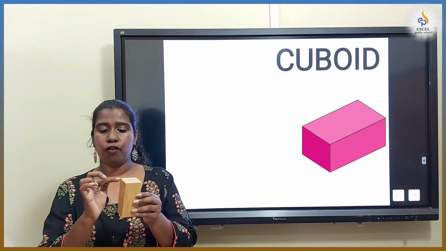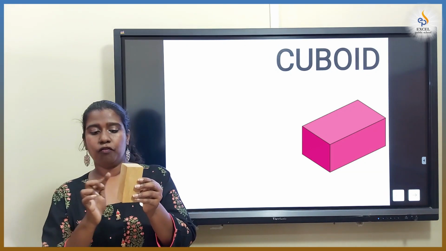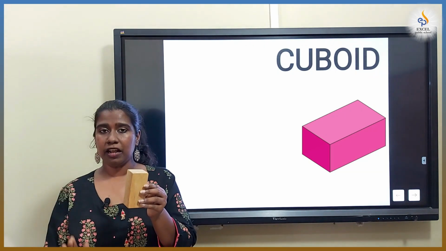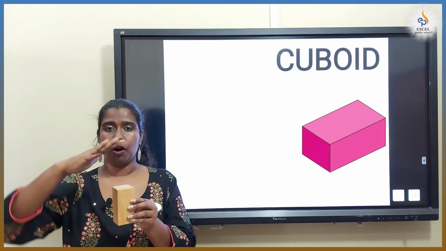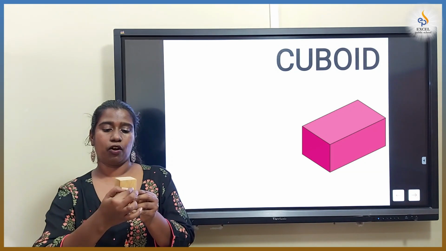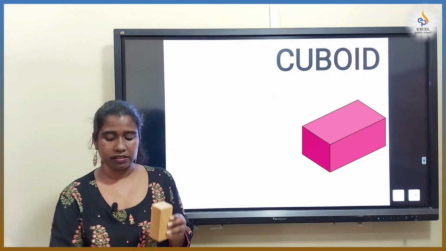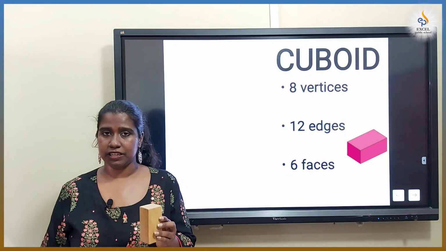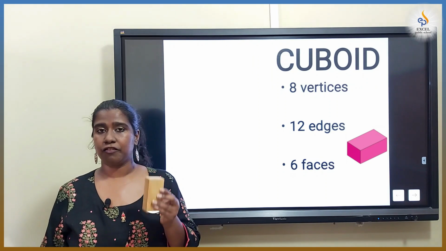And there are 4 edges at the top, 4 edges at the bottom, 4 edges along its side. That means there are 12 edges in a cuboid. There is 1 face at the top, 1 face at the bottom and 4 faces along the sides. So, a cuboid has 6 faces. Just like a cube, a cuboid also has 8 vertices, 12 straight edges and 6 flat faces.